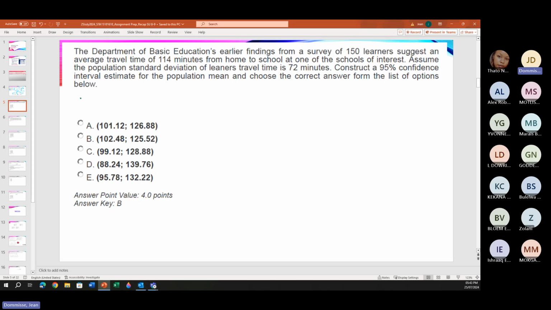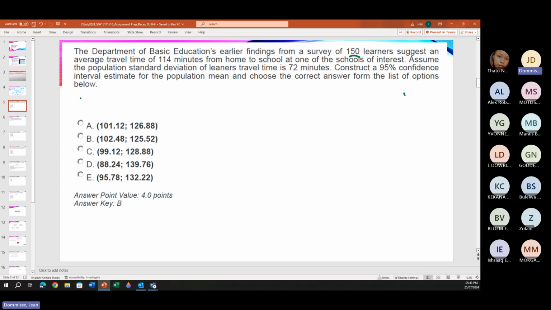So is the population standard deviation known? If the population standard deviation is known, we work with a Z. If the population standard deviation is unknown, we work with a T. So let's look: Department of Basic Education, earlier findings from a survey of 150 learners.